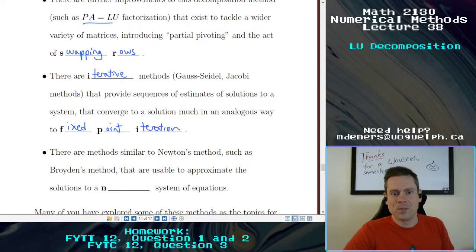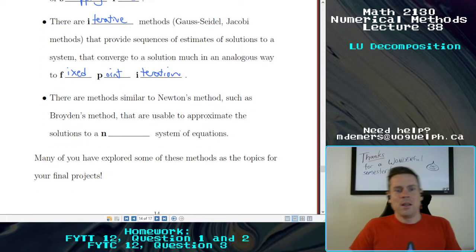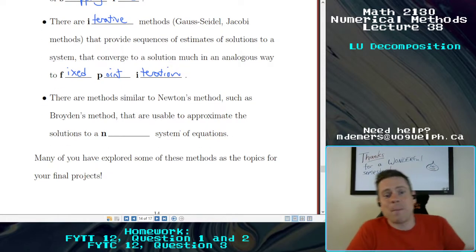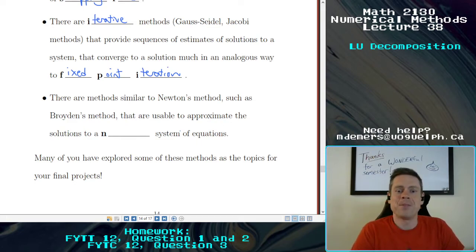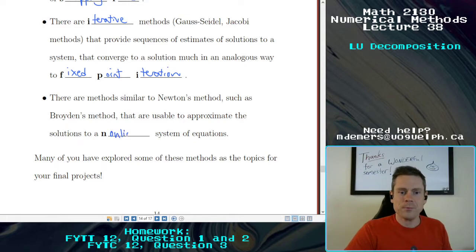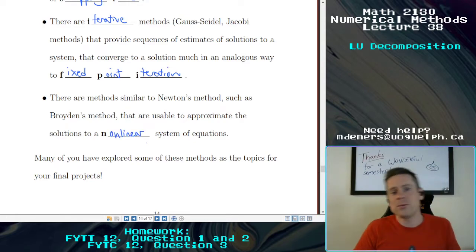And finally, there are methods similar to Newton's method, and one of the famous ones is called Broyden's method. So many people's names to remember, that are usable to approximate the solutions to a nonlinear system of equations. There are lots of systems of equations out there that can't be represented as a linear system.